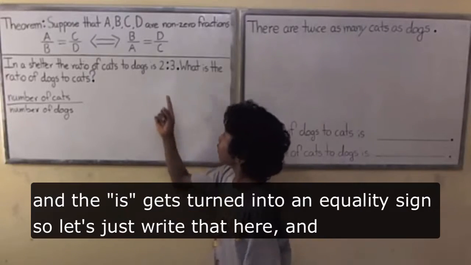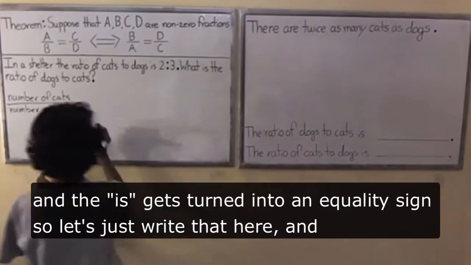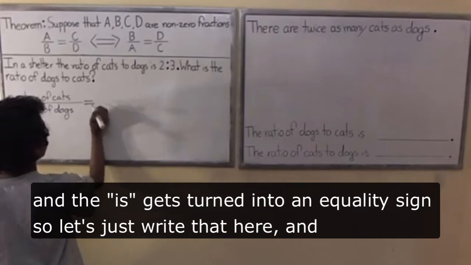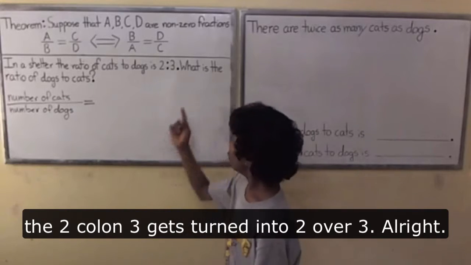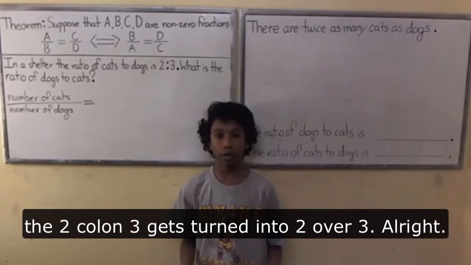Okay, and the "is" gets turned into an equality sign, so let's just write that here. And the 2 colon 3 gets turned into 2 over 3.